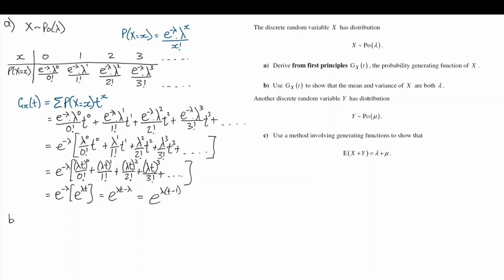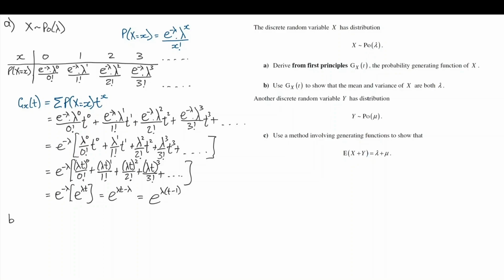And this is the standard result for the probability generating function for x if x follows a Poisson distribution where the parameter is lambda. Now, these standard results are given in the formula book, so you do know the end point of where you should be getting to, but for first principles, we need to start from a probability distribution and follow the general format for a probability generating function.